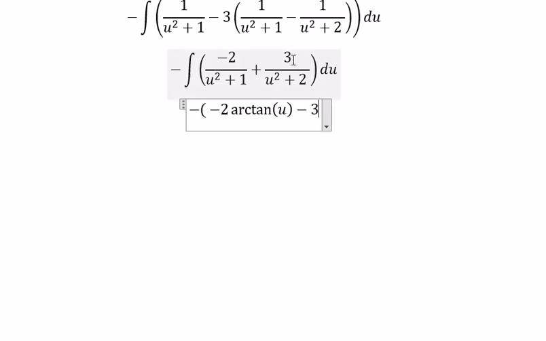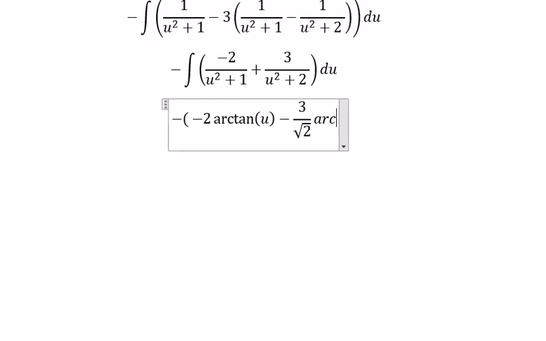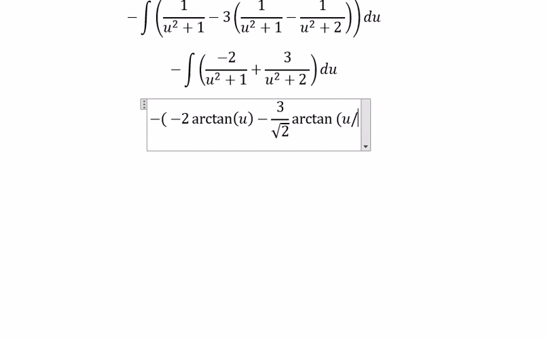The integral of 1 over u square plus 2 gives 1 over the square root of 2 multiplied by arctan of u over the square root of 2.